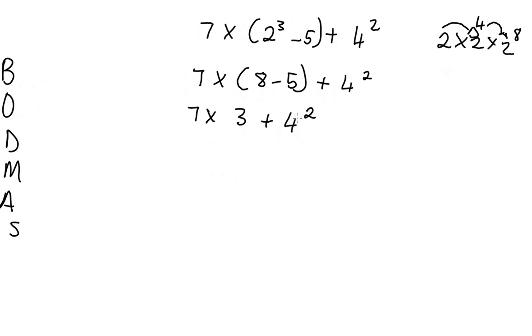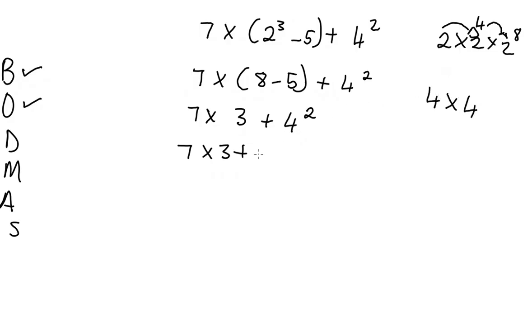Now that we have solved our bracket, we now have to move on to our next order of business, right? So that's our power, right? 4 to the power of 2, we need to simplify that. So 7 times 3 plus 4 to the power of 2 is literally the same as 4 multiplied by 4.